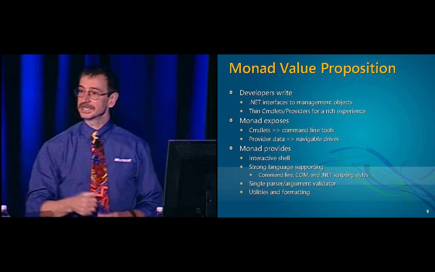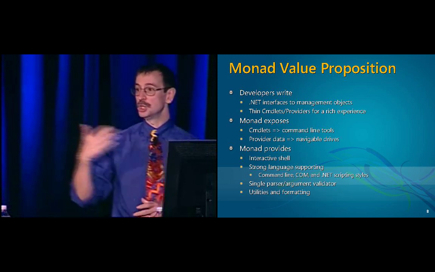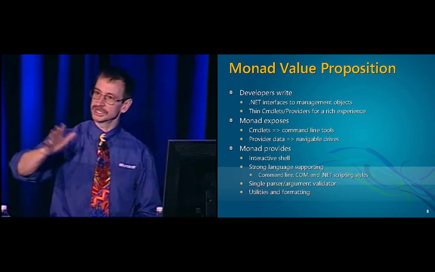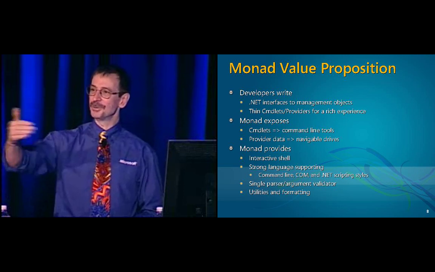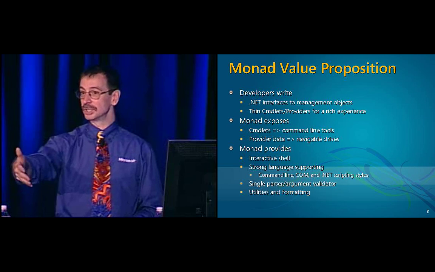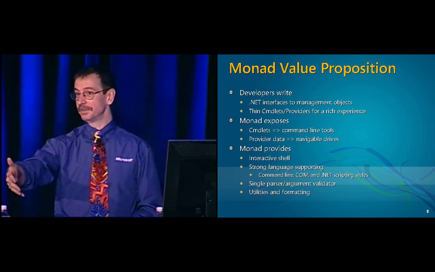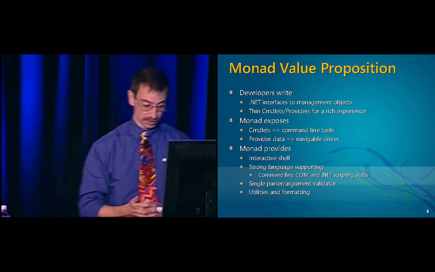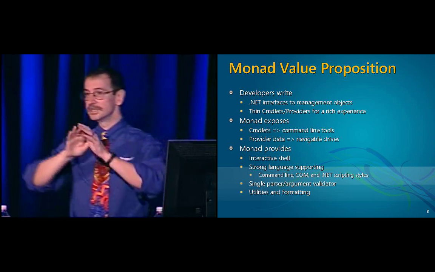And the last thing I want to talk about is how it can help you personally, right? Get you rich and famous. No, how it can help with your personal productivity in managing your system, in developing your application, and supporting your application.